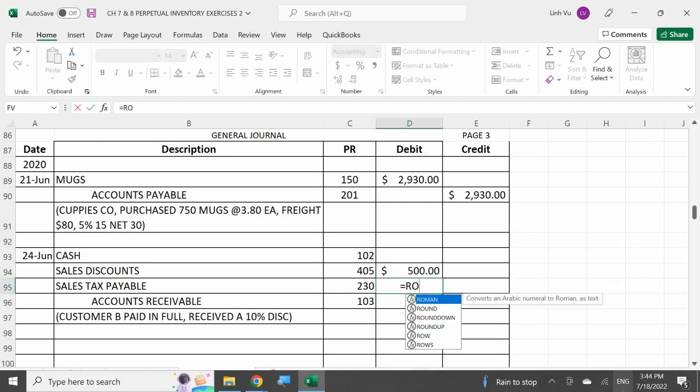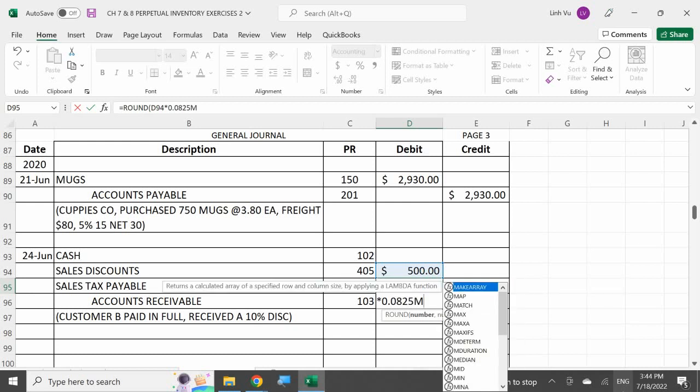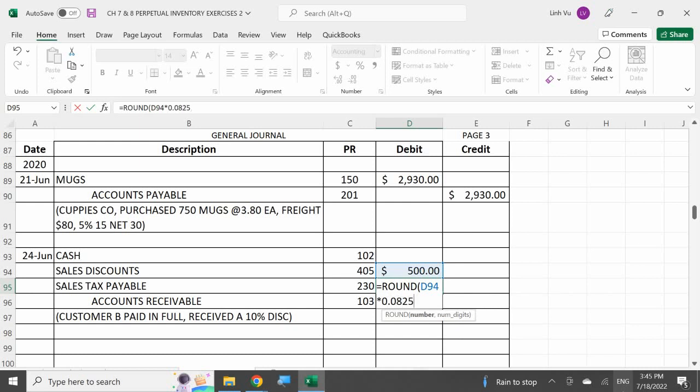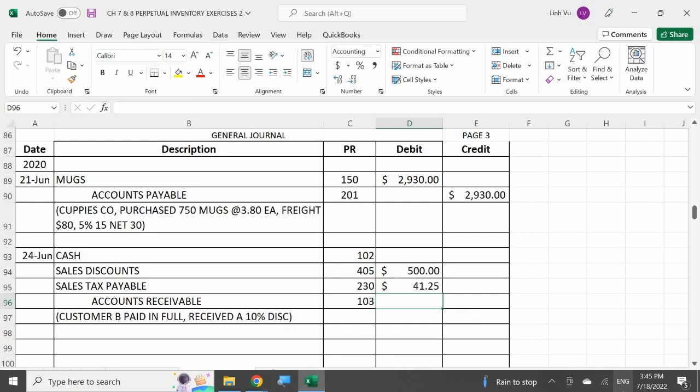And based off that $500, how much sales tax money do we need to give back? $20.63. Okay, wait, do it again? Oh, sorry, it's $41.25. Okay, $41.25. Yes. And we now also need to solve for how much customer B actually owes me, right?